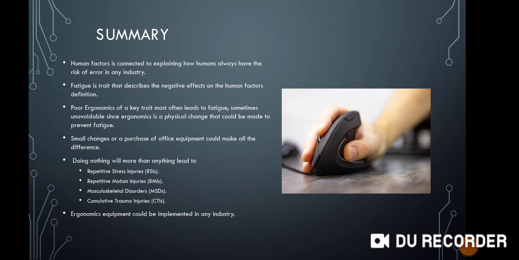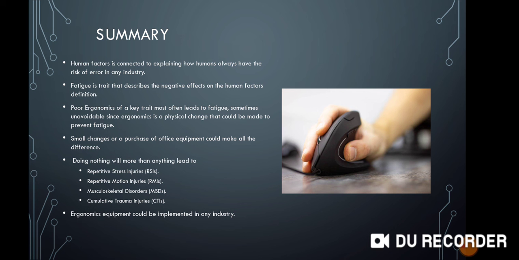So in summary, human factors explains how humans always have the risk of error in an industry. Fatigue is a trait that describes the negative effects in the human factors definition. Poor ergonomics most often leads to fatigue, sometimes unavoidable, since ergonomics is a physical change that could be made to prevent fatigue. Small changes or a purchase of office equipment can make all the difference.